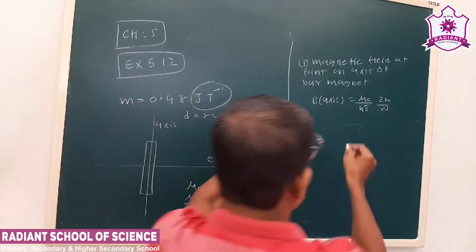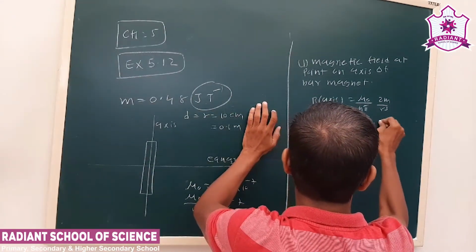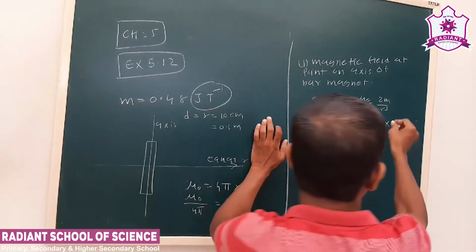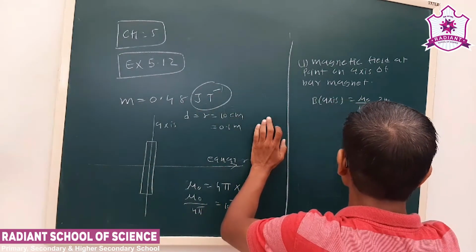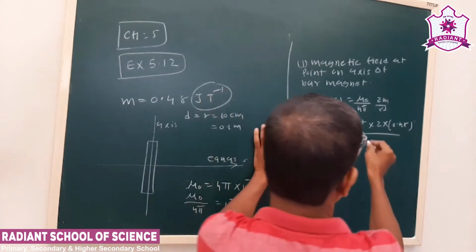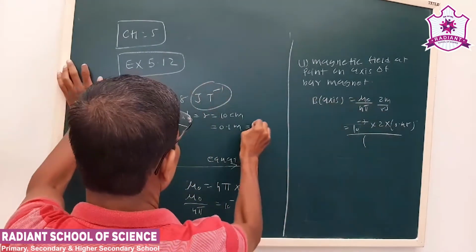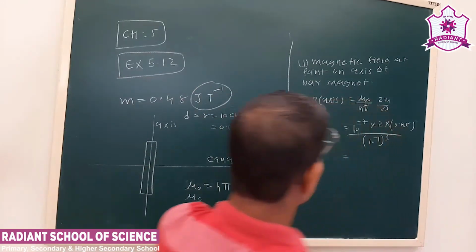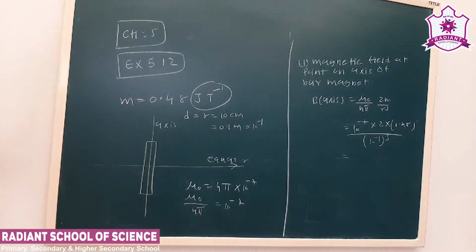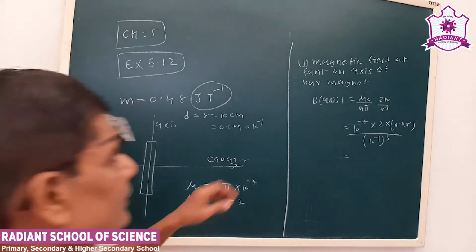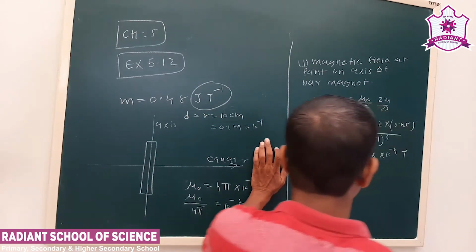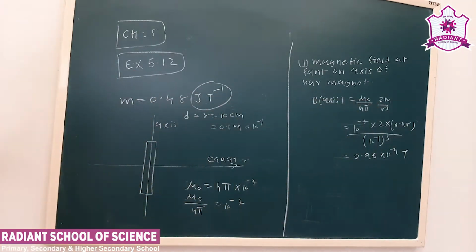Okay, now see, the magnetic moment is 0.48. Distance is how much? 0.1. Okay, now if you solve this, you will get 0.96 Tesla, or you can say 0.96 Gauss.